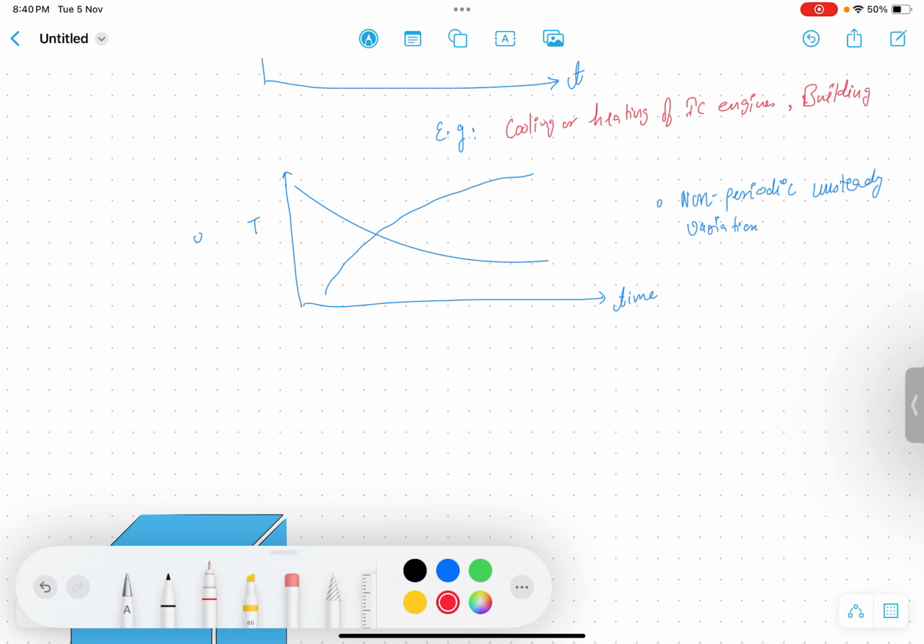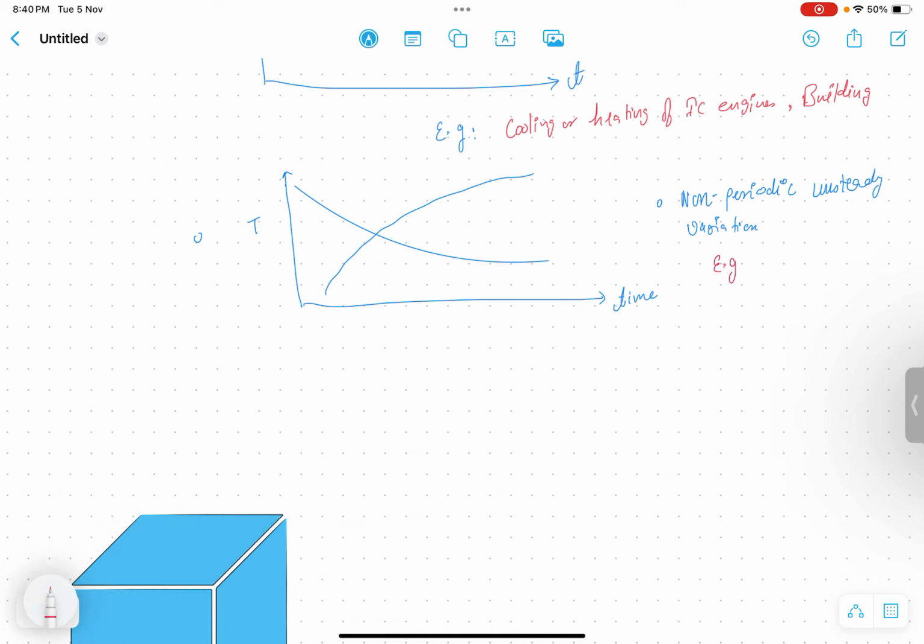Examples are heating of an ingot in a furnace, all right.